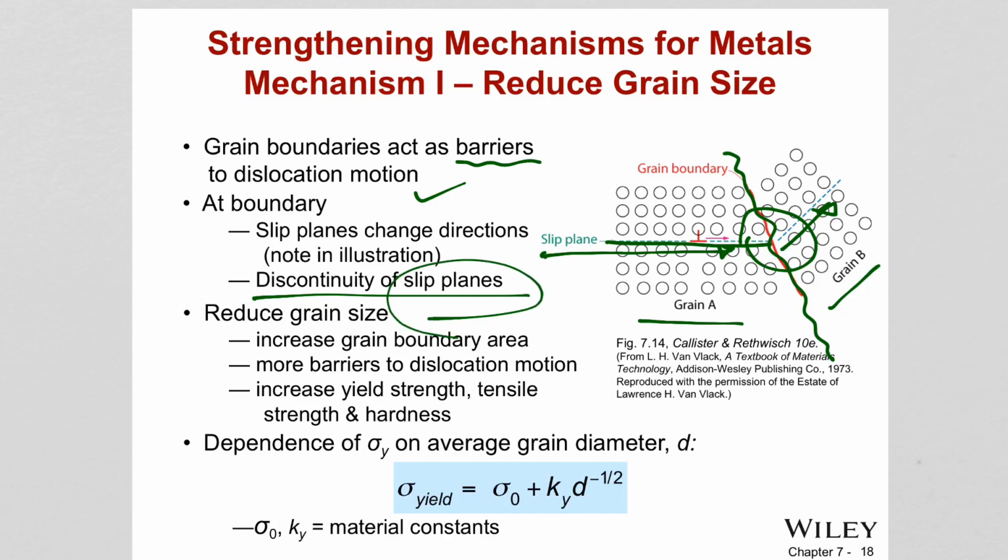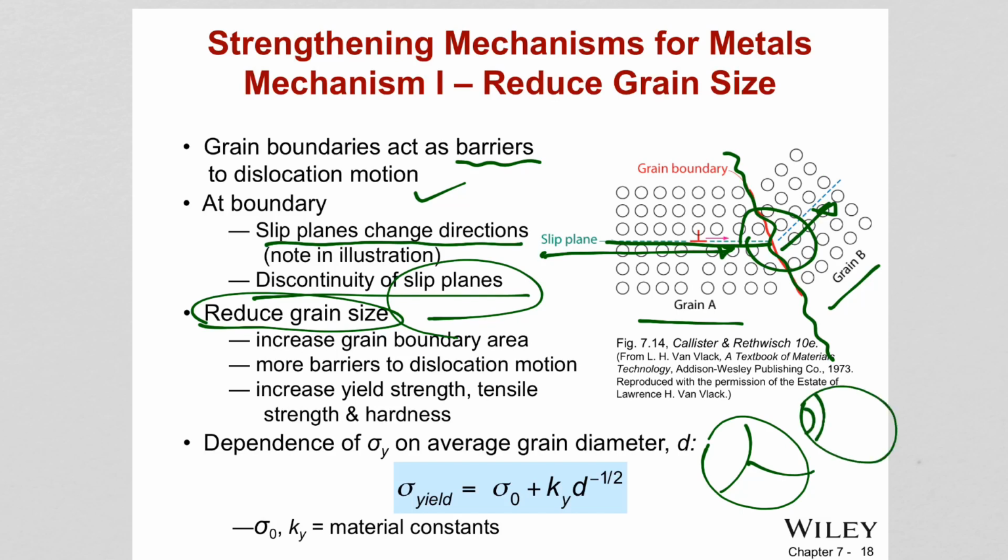Okay, the slip planes change direction, so there is a directional change, and that causes the dislocation to require more energy to pass from one grain to another. So the idea here is, if I reduce the grain size, think about it, this is large grains, this is grains that are smaller, right?